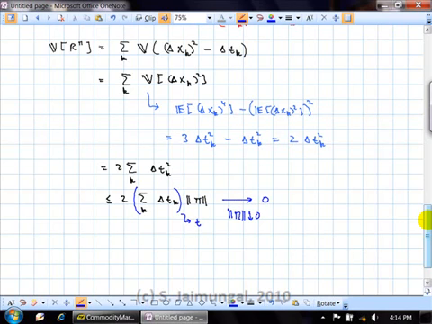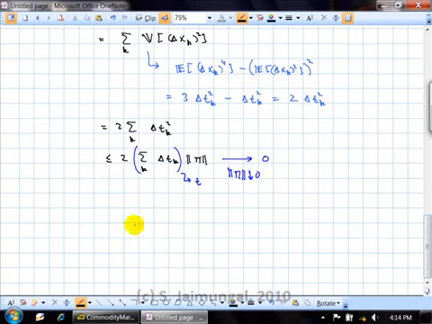So therefore, if the variance goes to 0 and the mean goes to 0, we can now conclude, by the law of large numbers, that r pi goes to 0 almost surely.